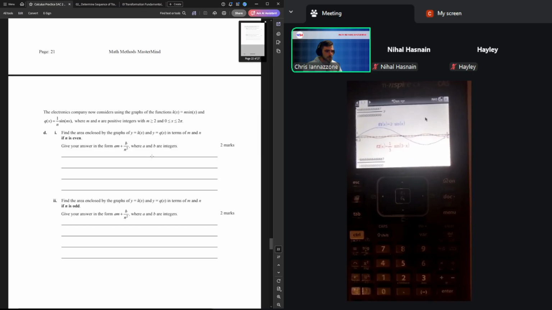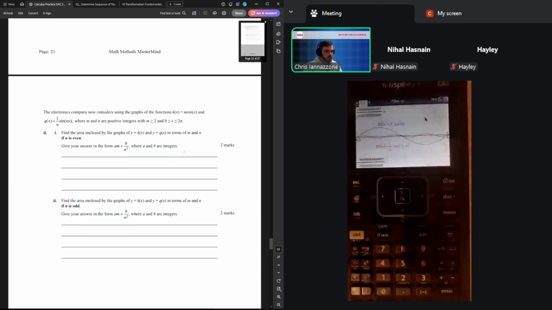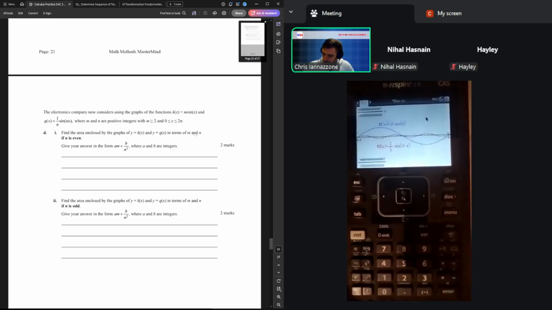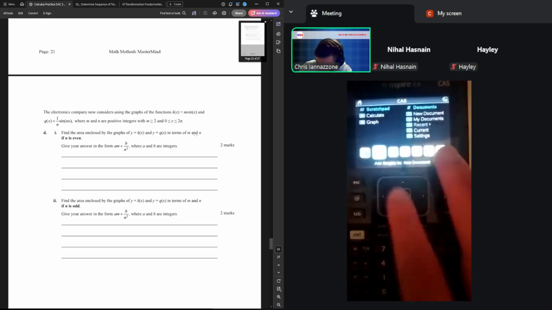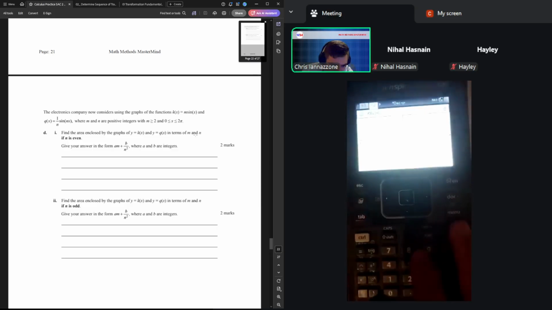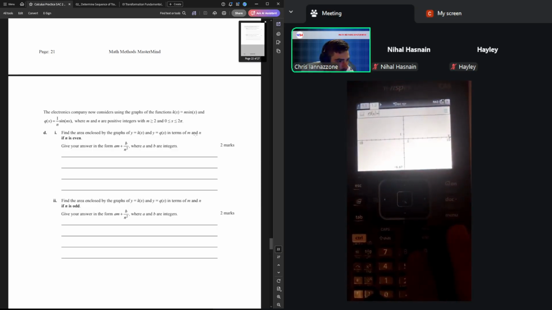So when it comes to finding our area enclosed, it's going to differ depending on whether it's even or odd, based on what kind of symmetries we can use. Let's try and explore that a bit more. So the good news is we can use sliders to help with this. I'm not going to quite do q of x exactly as written, just because I want to be able to see the graph properly.